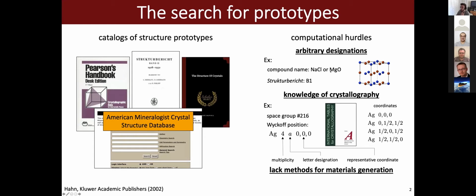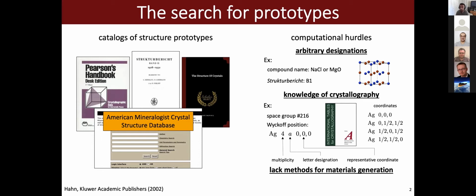For example, a lot of the prototypes referred to in these resources will refer to the structure via a compound name. For example, rock salt might be referred to as NaCl or MgO, so it could be compound dependent, which can be a little bit cumbersome, especially if you don't know what the common structure type for a particular compound would be, and it doesn't really tell you what the structure looks like.